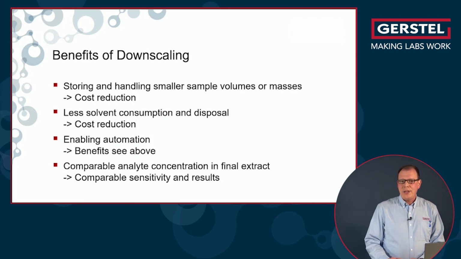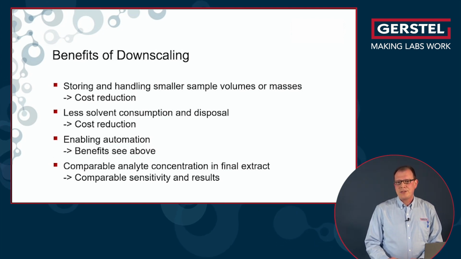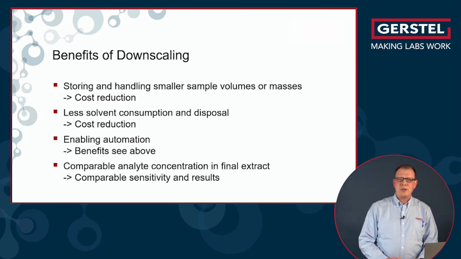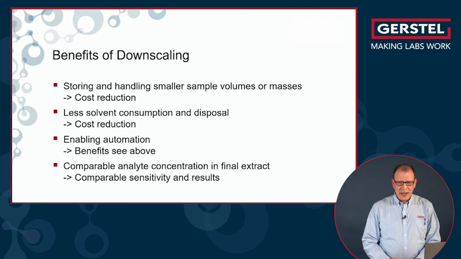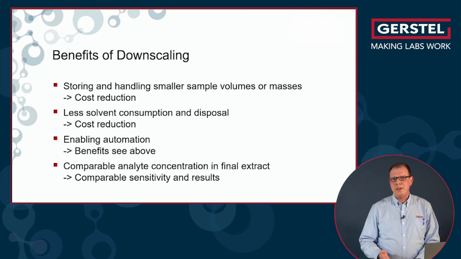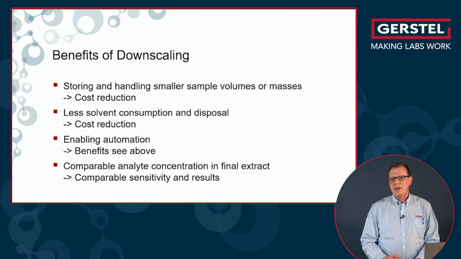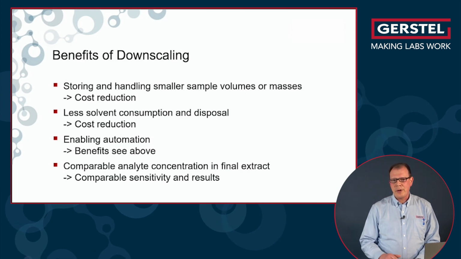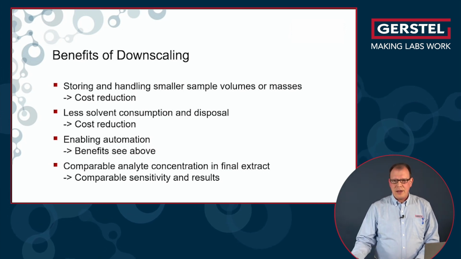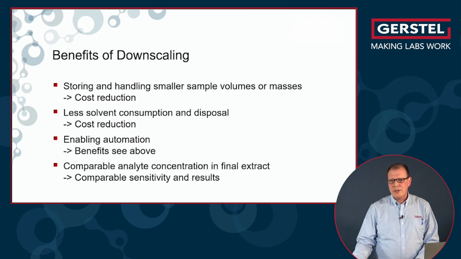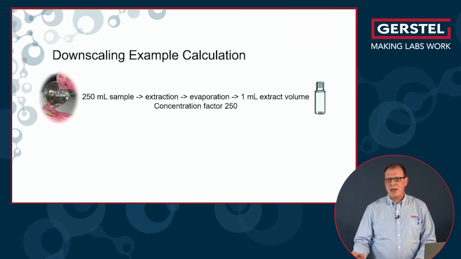And more importantly even, we consume less solvent and we need to dispose of less solvent, so this definitely leads to cost reduction. And as I already said, downscaling oftentimes enables automation. And the nice thing is, when we do this downscaling, oftentimes we come to very similar or comparable results. And this I will explain in an example on the next slide.